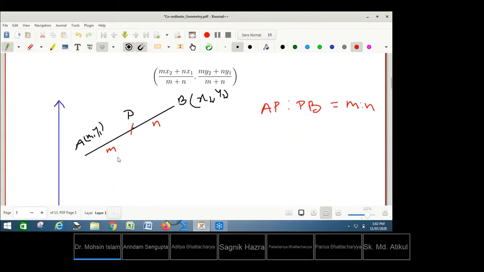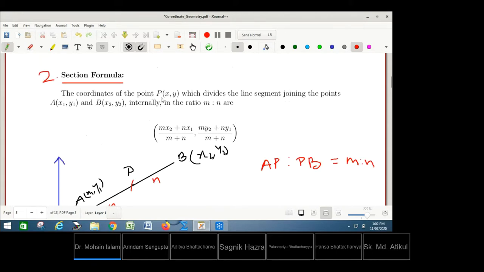Now let us prove this. We have to prove the coordinate of the point P which divides the line, that this is your X and this is your Y, so X will look like this and Y will look like this.